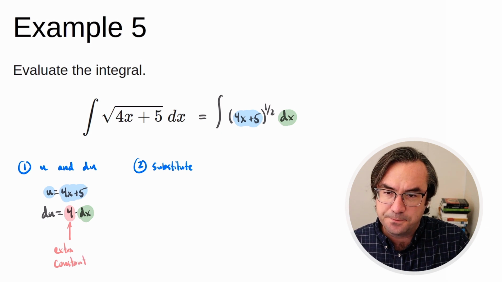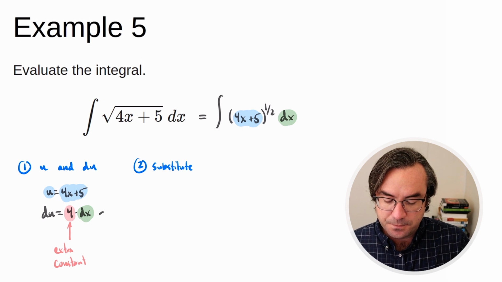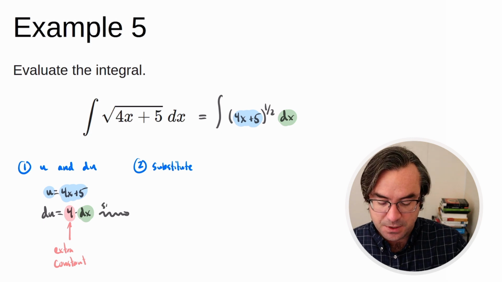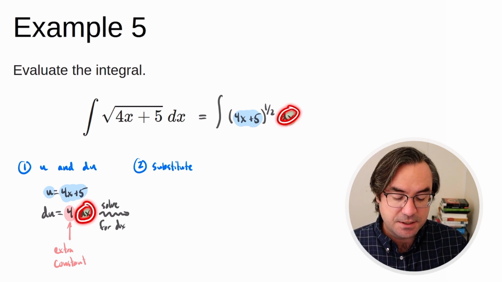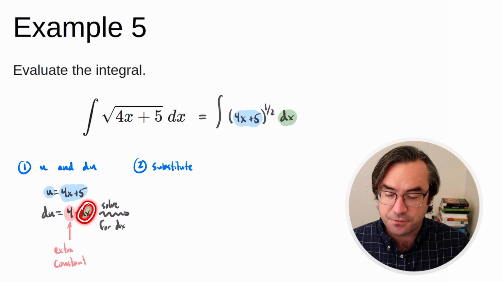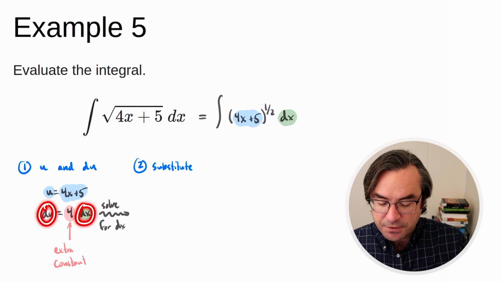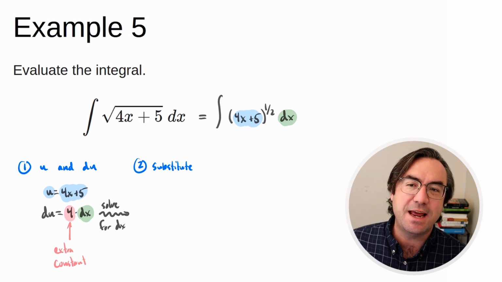So what are we going to do? Well, the idea is we're going to solve this differential for dx, solve for the matching terms. The dx is what matched up, so let's solve for that dx. When we're working with these differentials, just think of them as a variable. It's just a fancy name for a variable.